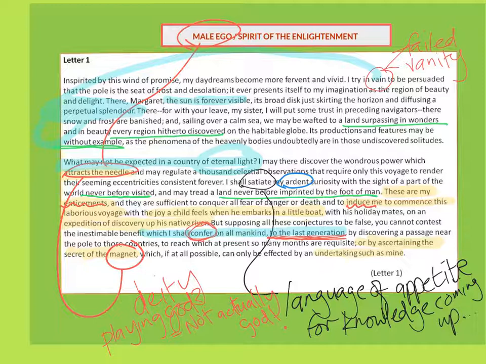If you look at the second line of this paragraph: "I may discover the wondrous power which attracts the needle and may regulate, come back to that in a moment, a thousand celestial observations that require only this voyage to render their seeming eccentricities consistent forever." So I will take the unexplained, again heavily feminised and gendered, not always, but very frequently, by Mary Shelley.